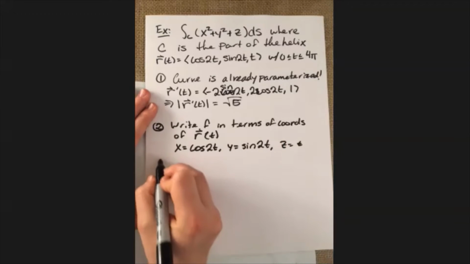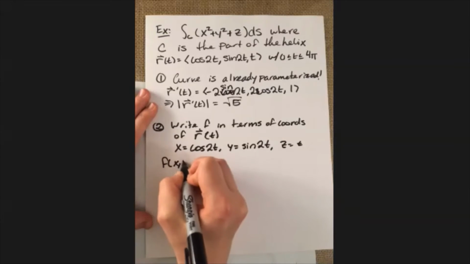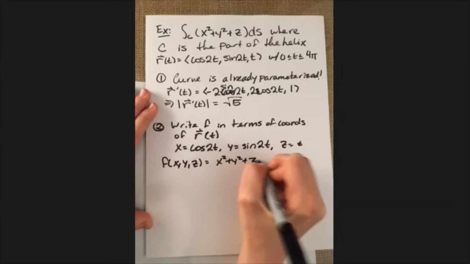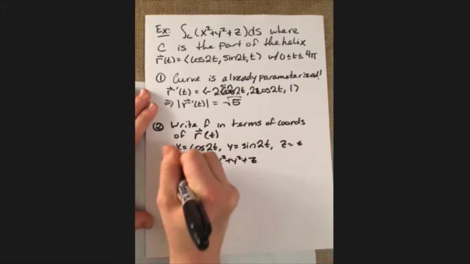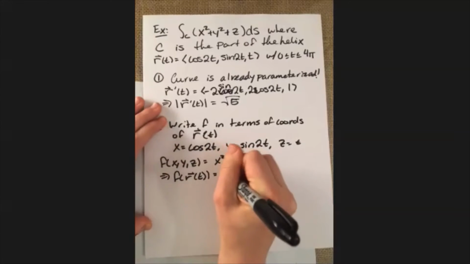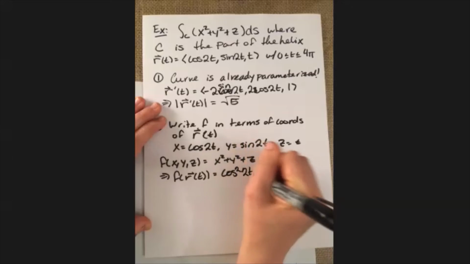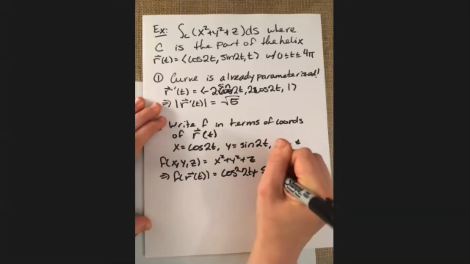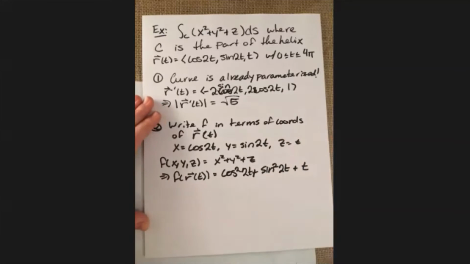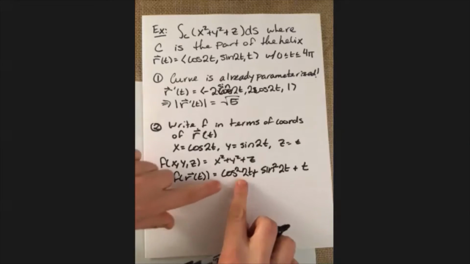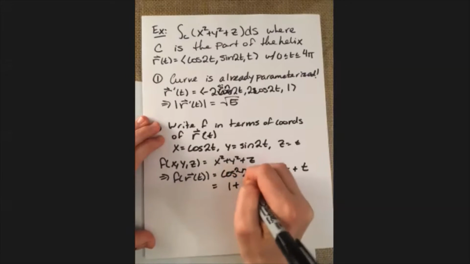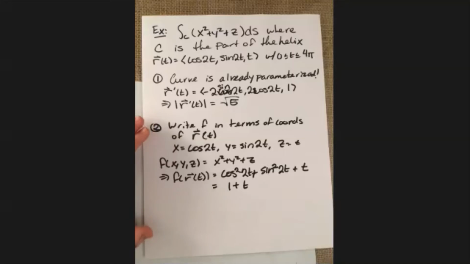So our original function f of x, y, z equal to x squared plus y squared plus z is now going to become cosine squared 2t plus sine squared 2t, and then plus t. This simplifies really nicely because the cosine squared and sine squared just become 1 plus t. So that's pretty great.